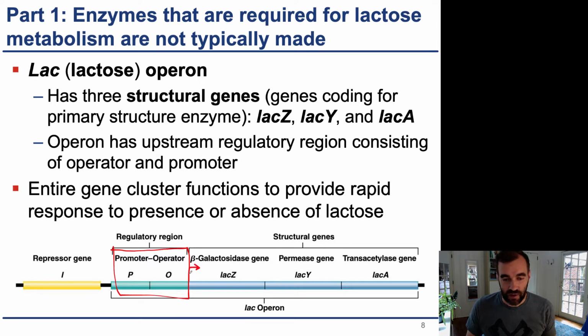The RNA polymerase will come in here and start to create an mRNA. This mRNA will be transcribed and it will contain the coding sequence for the lacZ protein. It will continue along and contain the coding sequence for this lacY protein, and continue along for the lacA protein as well until it reaches the transcriptional terminator, and then the mRNA stops.